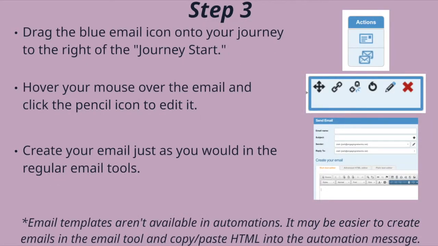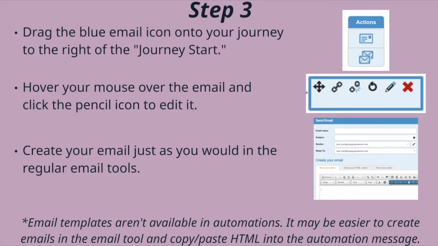Step 3 is to, in your marketing automation setup, drag the little blue icon for an email into your journey right next to the journey start box. Once you've done that, you'll hover your mouse over the email and click on the pencil to edit. Then you'll create your email just as you would in the regular email tools. I'll tell you that one of the things that I do in creating a marketing automation is I actually set up my emails in the regular email tool first.